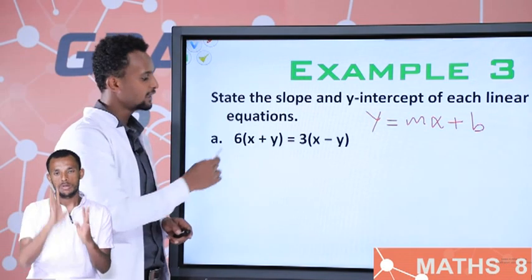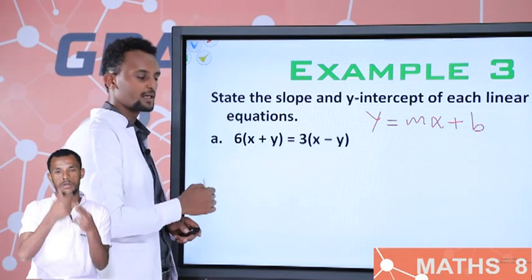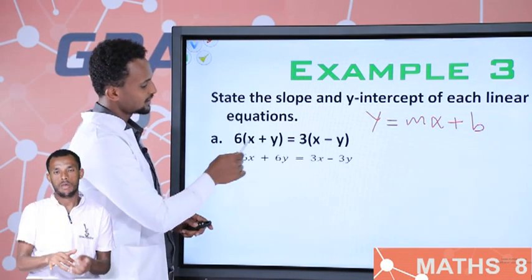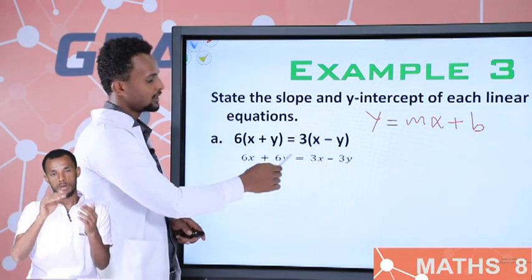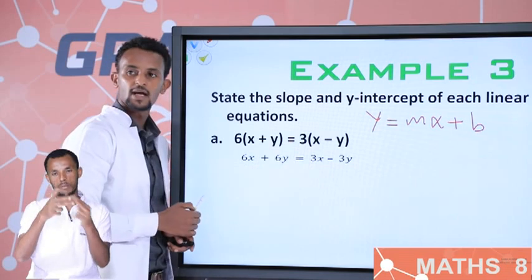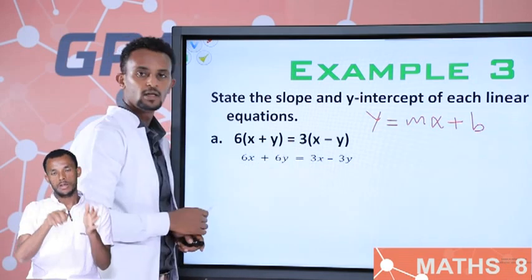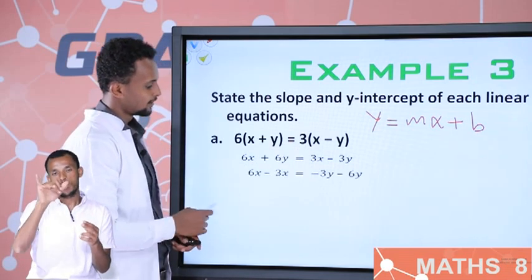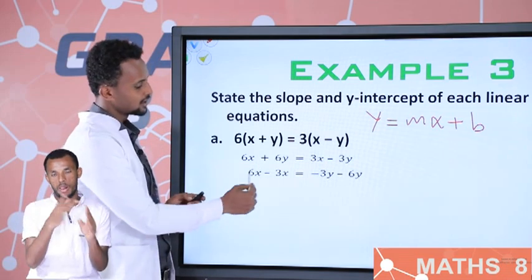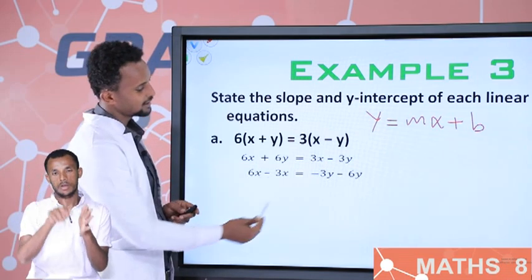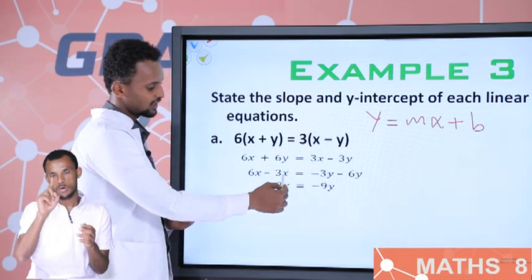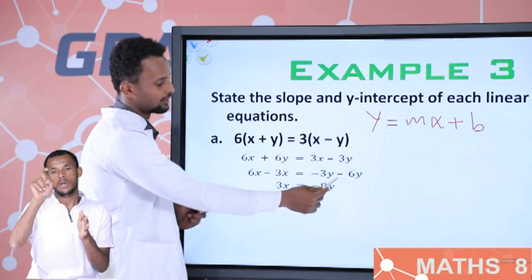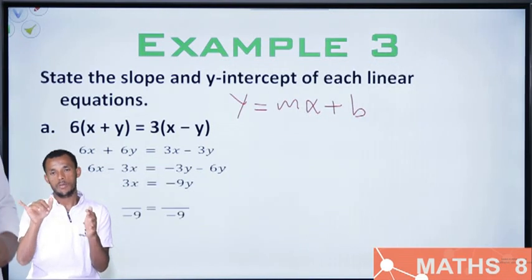Now, let's multiply 6 by (x + y). So, 6x + 6y is equal to 3x - 3y. Now, let's collect the like terms. 6x minus 3x is 3x, is equal to minus 3y minus 6y, which is minus 9y.